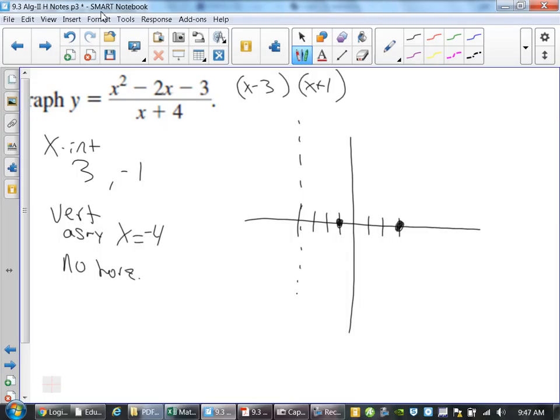But let's pick another point that's pretty easy to work with. 0. If I use 0, I'm going to get my y-intercept, correct? So if I use 0, I'm going to get negative 3/4, because all I'm doing is covering up all that and I get negative 3/4.